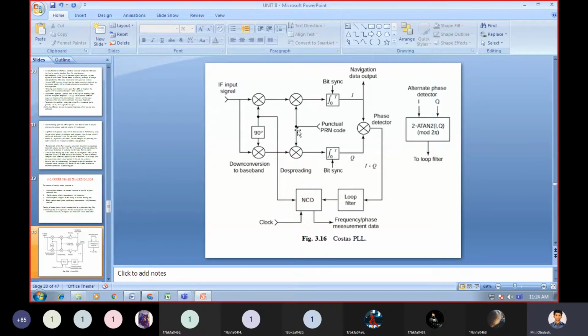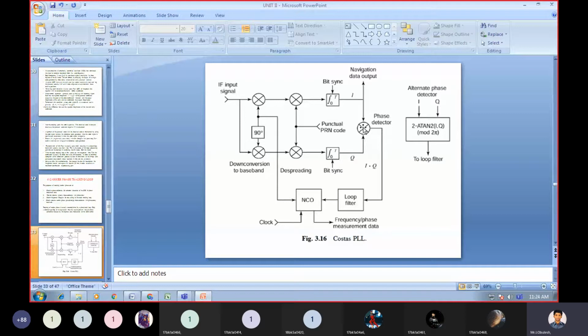Here you use the second input for the third and fourth multipliers, a punctual pseudo random noise code. Then the multiplication outputs 3 and 4 you will get here. You apply these to bit synchronization for synchronizing the bits. After that, this is in phase with the input signal and this is the quadrature with the input signal.